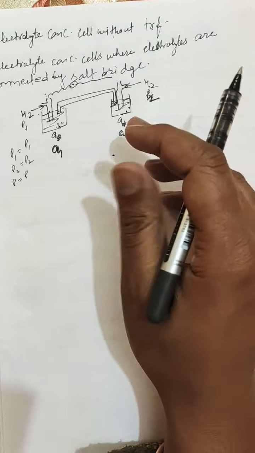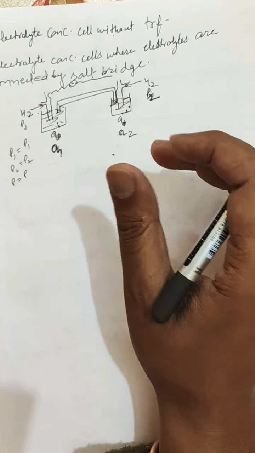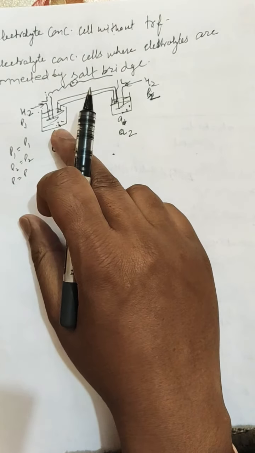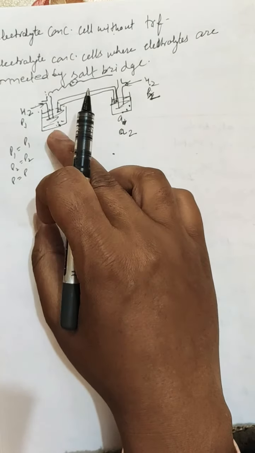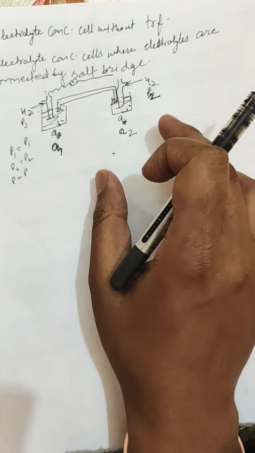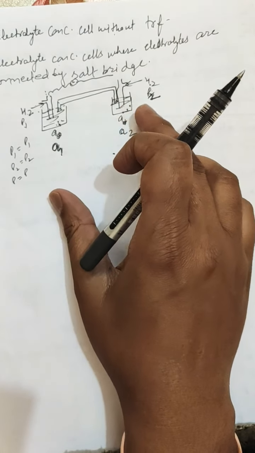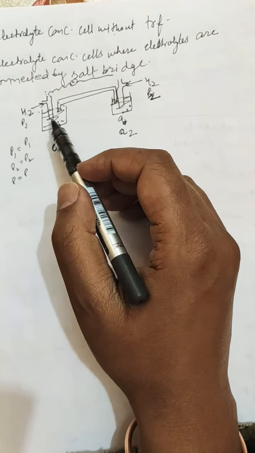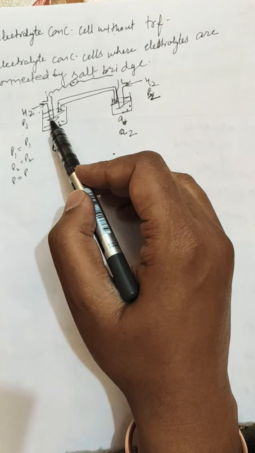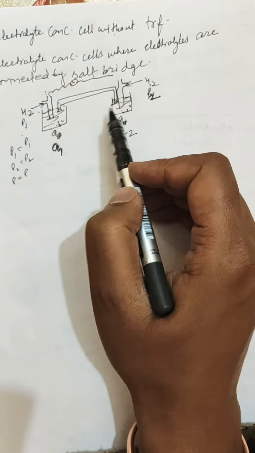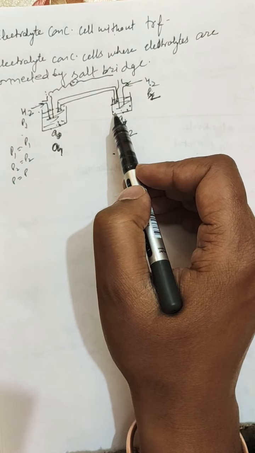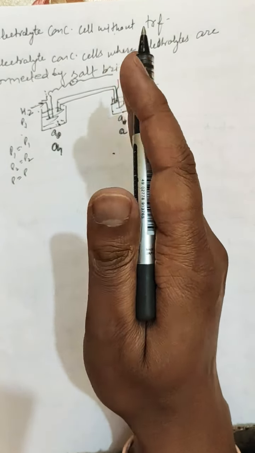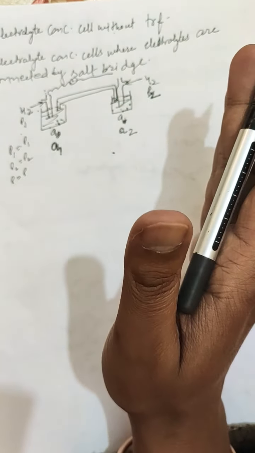I hope that you have understood this basic difference between the electrolyte and electrode concentration cell, and these cells are without transference. So in both cases, electrodes as well as electrolytes are not in direct contact with each other. They are in separate containers, or they can be separated by a certain impermeable membrane.